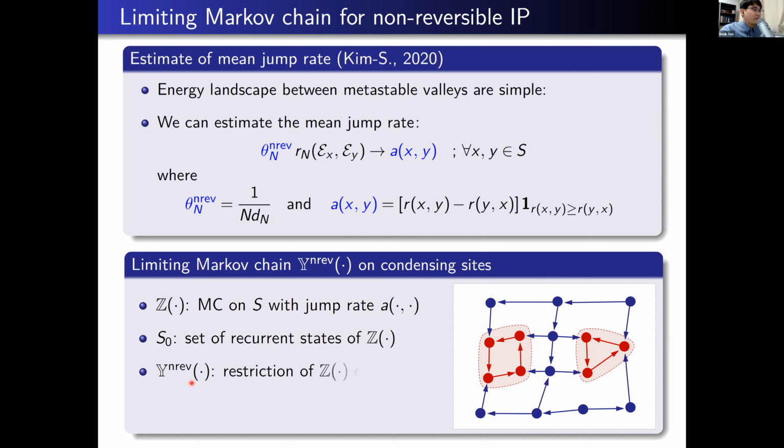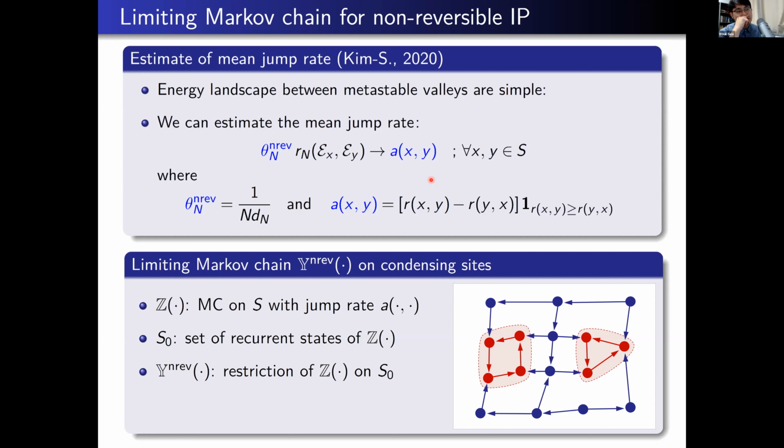So you cannot have condensation at this site with respect to the invariant measure, because your condensed site must converge to either this component or this component. So you can expect that condensation happens in these red sites, and the limiting Markov chain is the restriction of this Markov chain G on these sites, because you have this estimate of the mean jump rate.